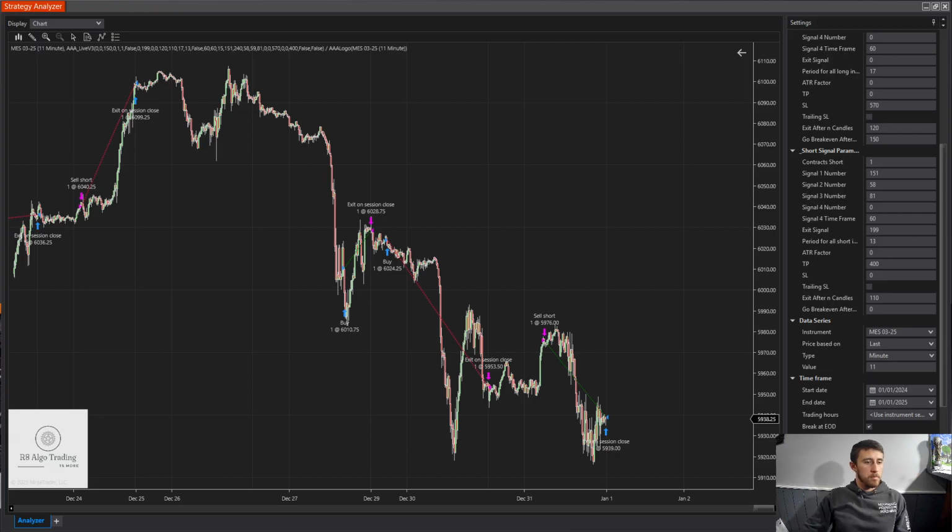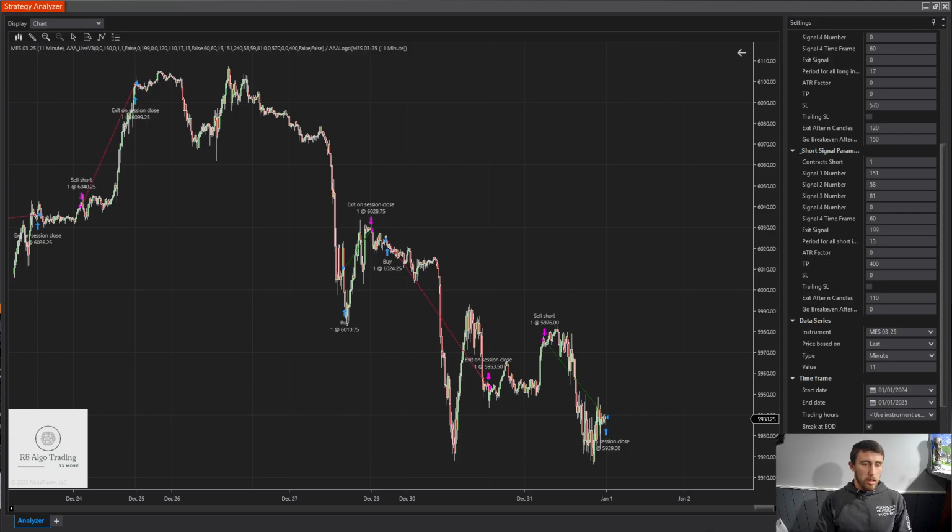Then we enter short. And since we are also exiting after a certain amount of candles, we're going to do candles in trade equals 0. But now we need to come up here and edit this.